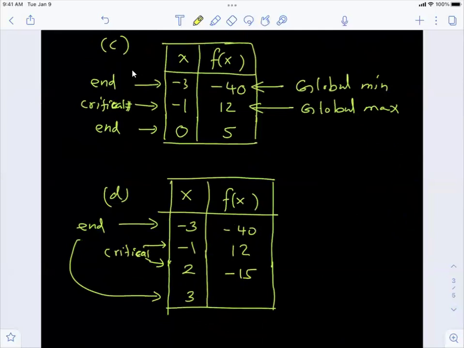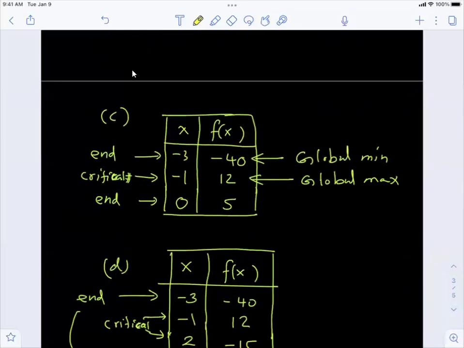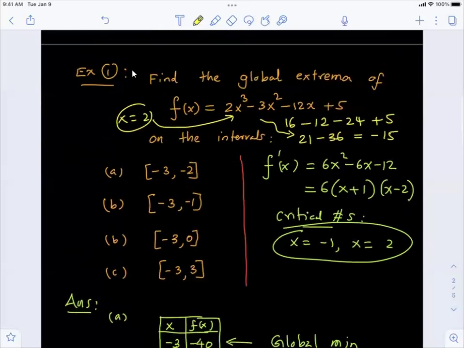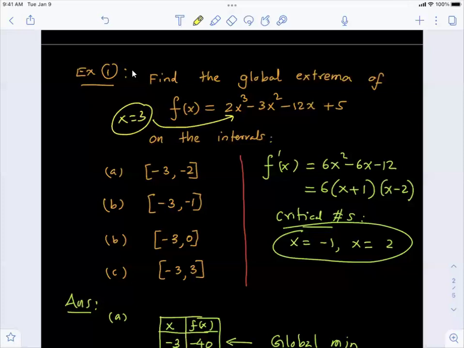And then let's consider positive 3. Some of them could be computational, but these computations are not going to be too overwhelming, right? So positive 3. Let's input this and let's see what it's going to spit out of this function. When you plug in positive 3, you know it's going to be 27 times 2, it's 54. And then it's going to be 3 times 9, it's minus 27.